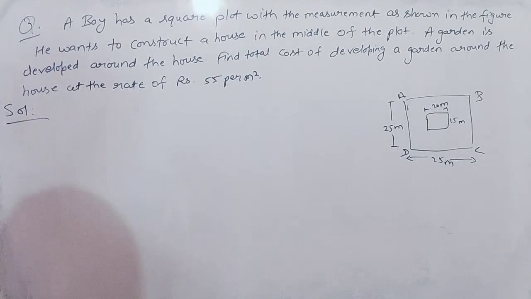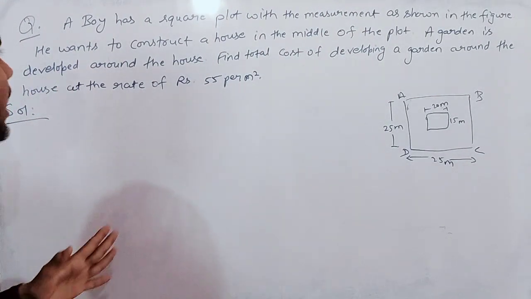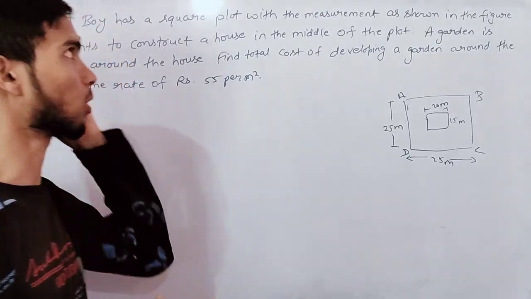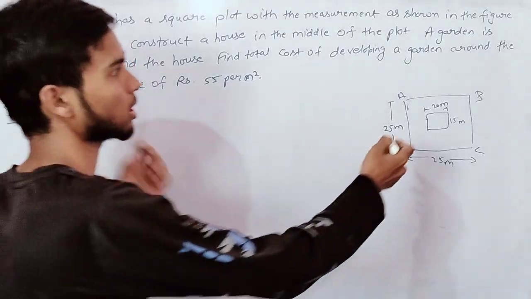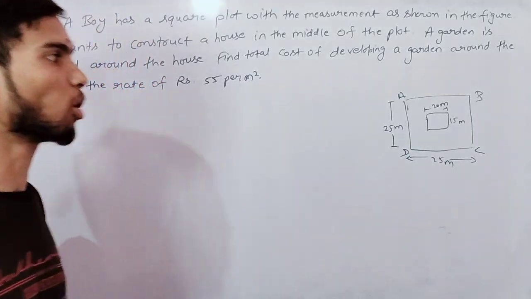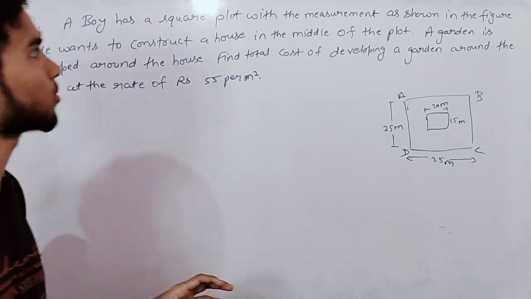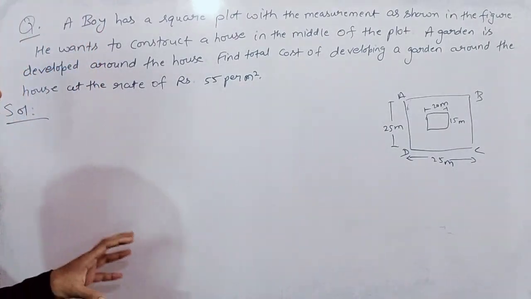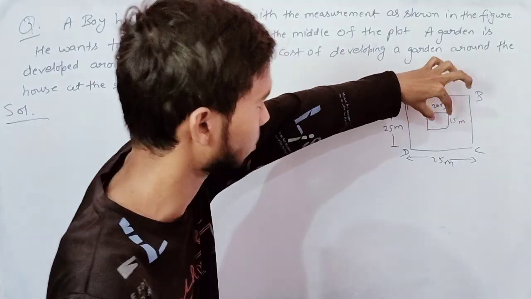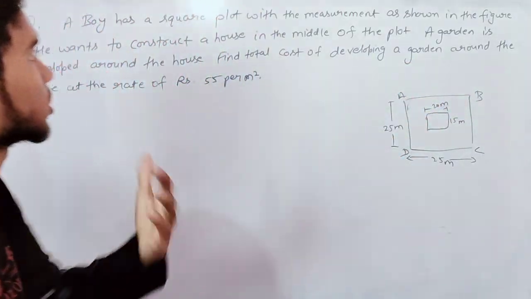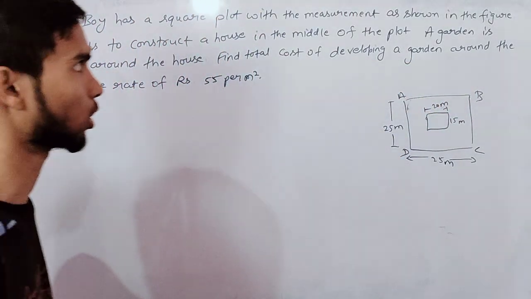So, there is a boy. That boy has a square plot. As you can see, this is a square plot. In the square plot, he wants to construct a house in the middle of the plot.